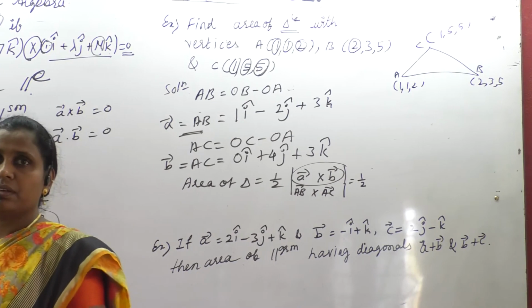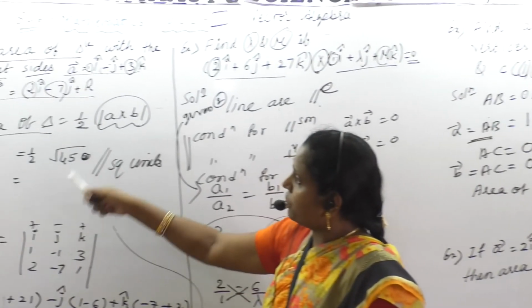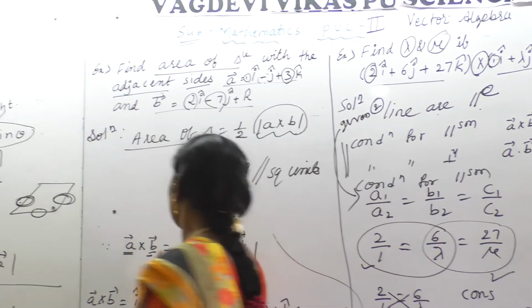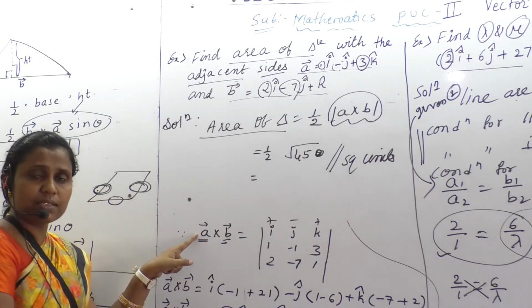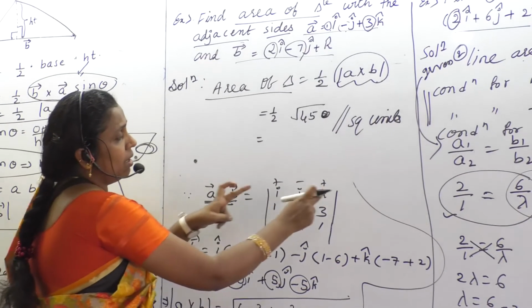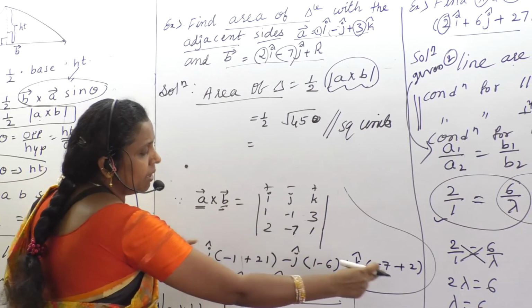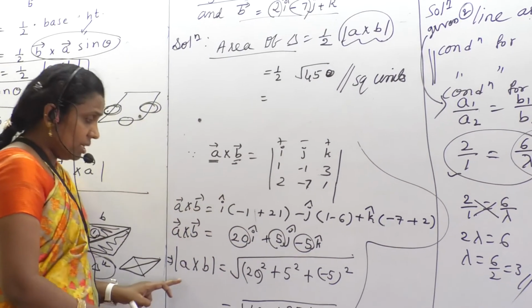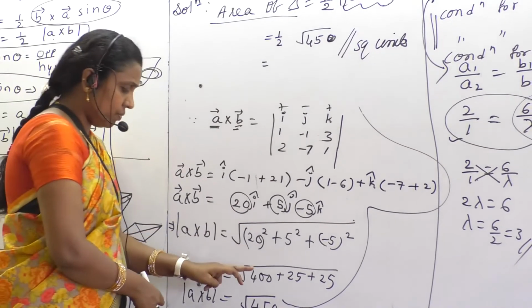Here you check. With the two vectors, how did we solve? Do you remember? This was the justification. A cross B, ijk, A, B, expansion, get one vector, then the modulus expression, the square of them.